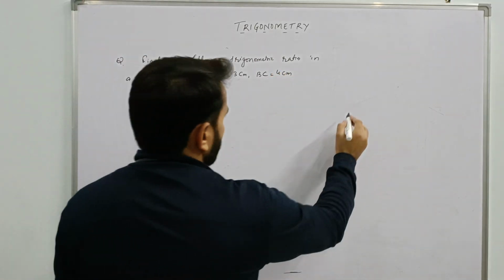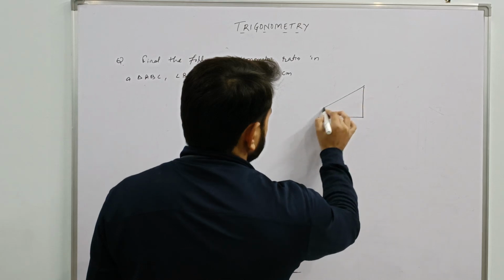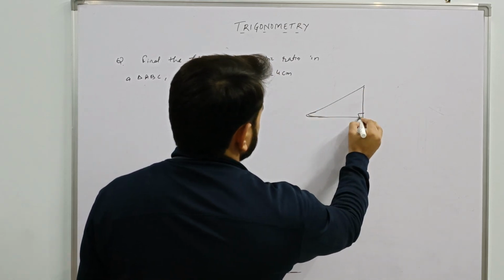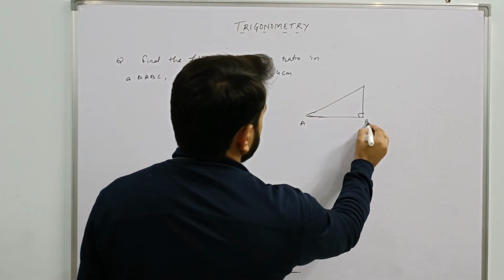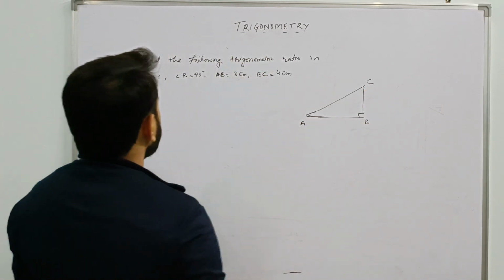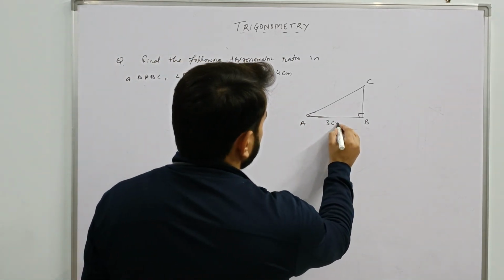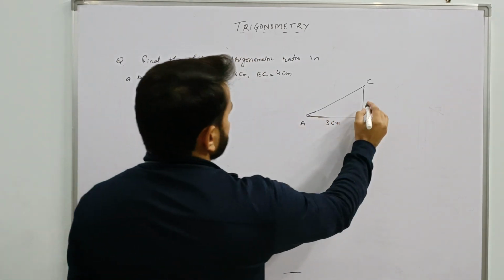So let us make a triangle. A, B, C, right angled at B. Here we have given AB is 3 centimeter and BC is 4 centimeter.